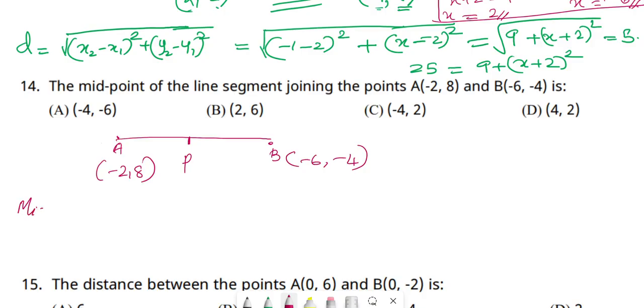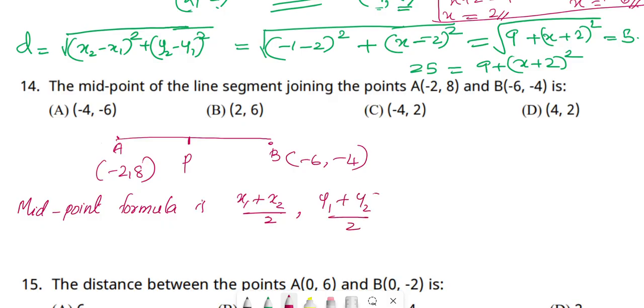So the midpoint formula is (x1 plus x2) by 2, comma (y1 plus y2) by 2. This is the midpoint formula. So x1 is -2 and x2 is -6.